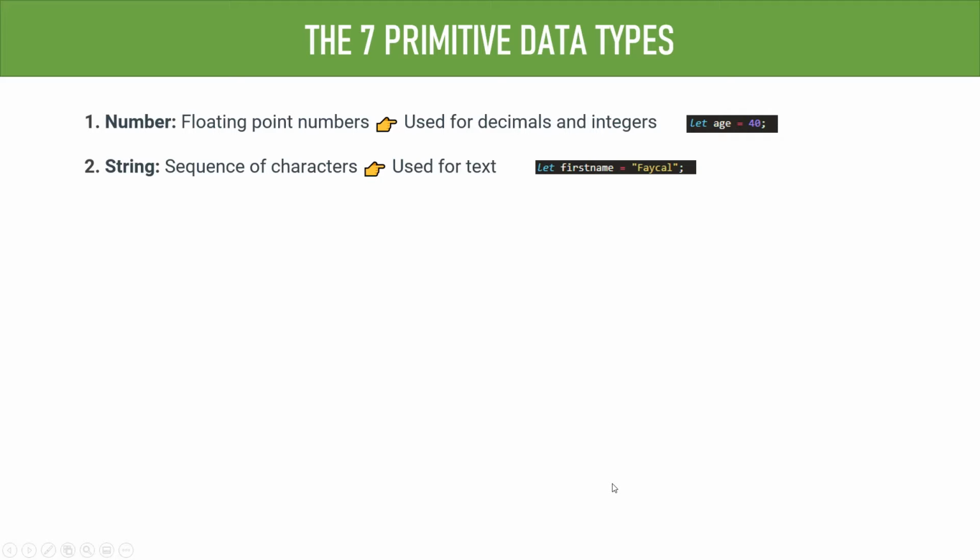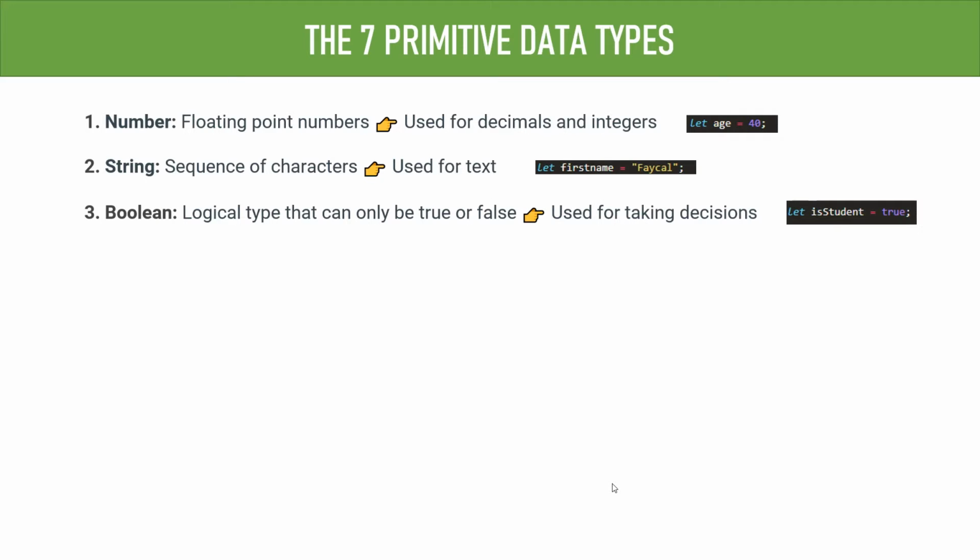We have the Boolean data type. It's essentially a logical type that can only be one of the logical values, true or false. In other words, a Boolean is always either true or false. We use Boolean values to make decisions with code, as we will see later.